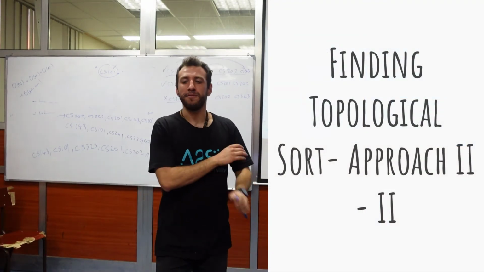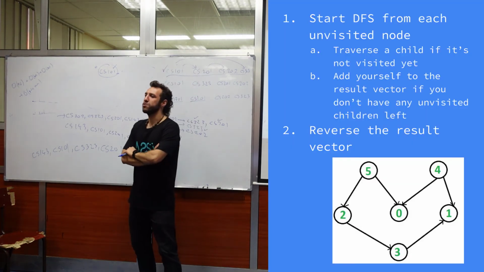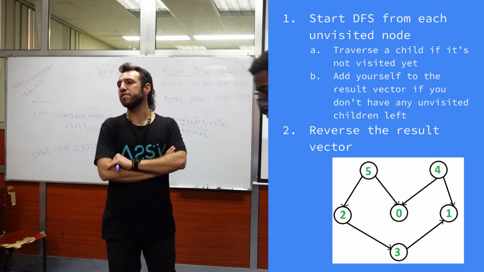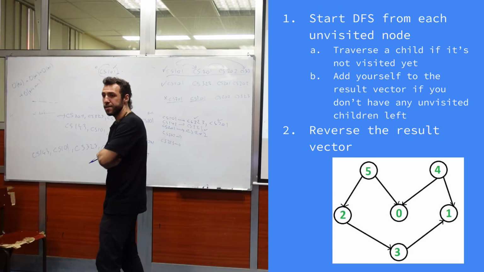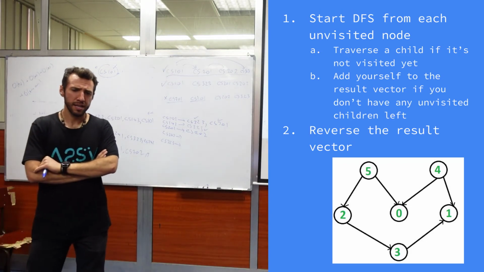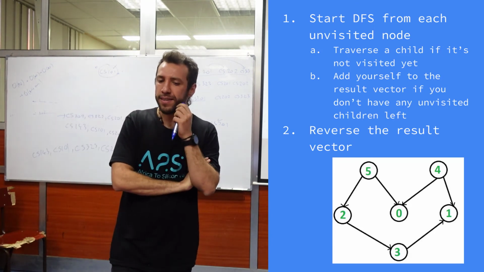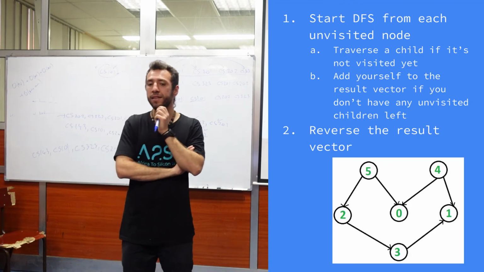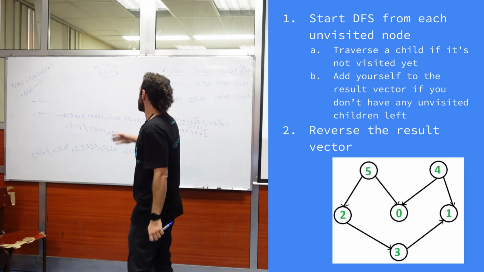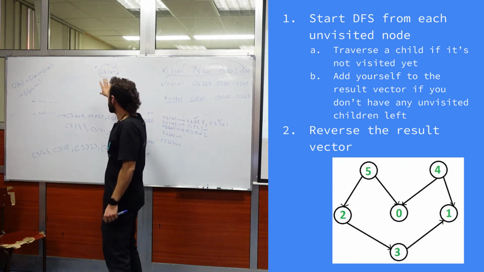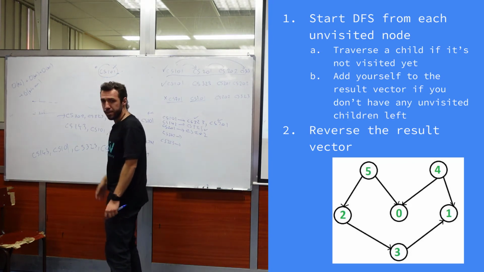So now let's see how our algorithm's logic would look. We start the DFS from each unvisited node, because once a node is visited, it's already in our system. And if it has a not visited child yet, we go and traverse. Here, instead of marking things visited, since I deleted them, that's why we ended up having something like this.